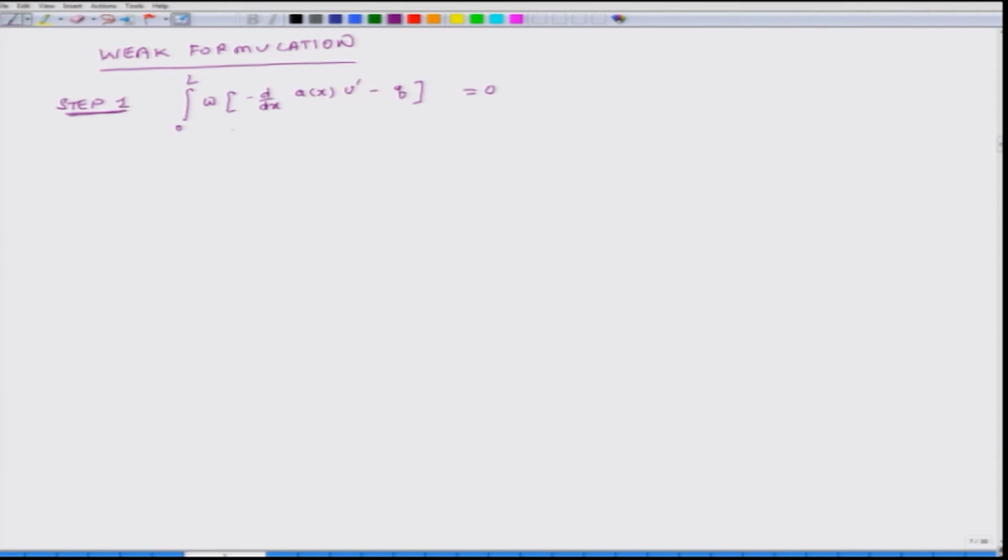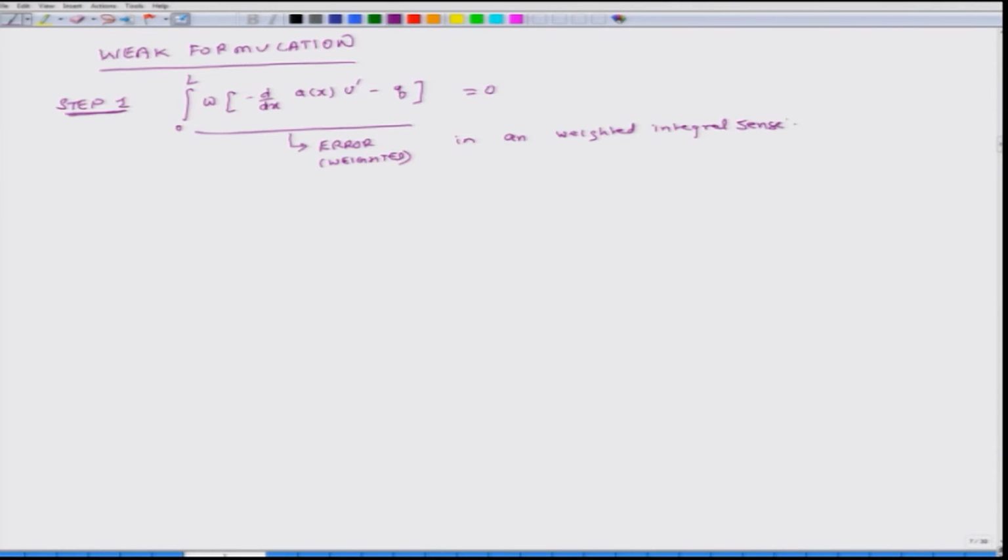This entire thing is the error, actually a weighted error in a weighted integral sense.